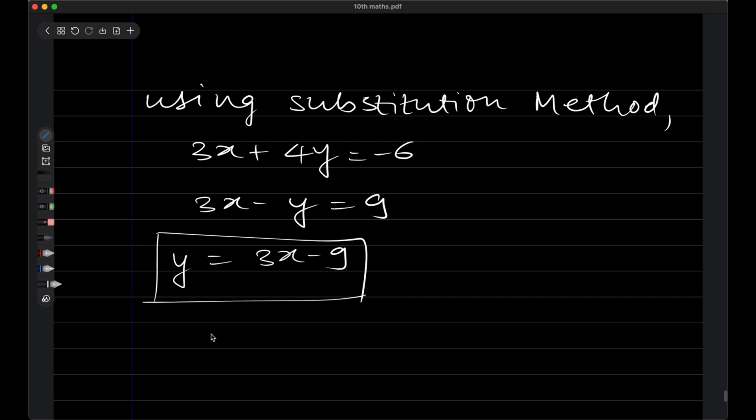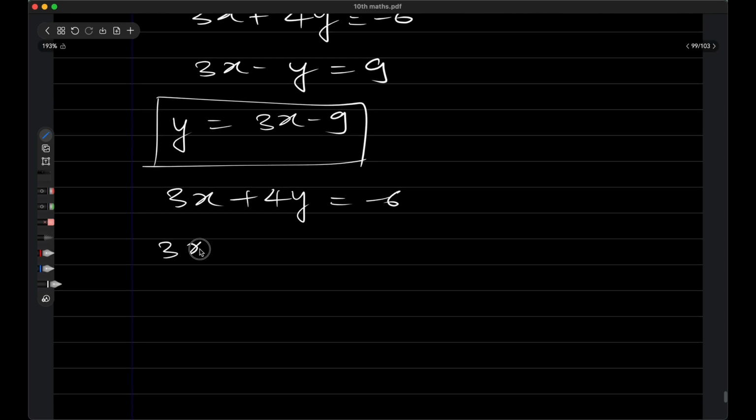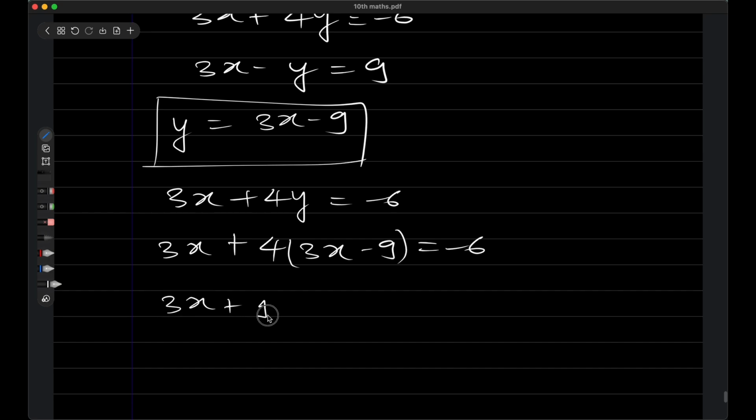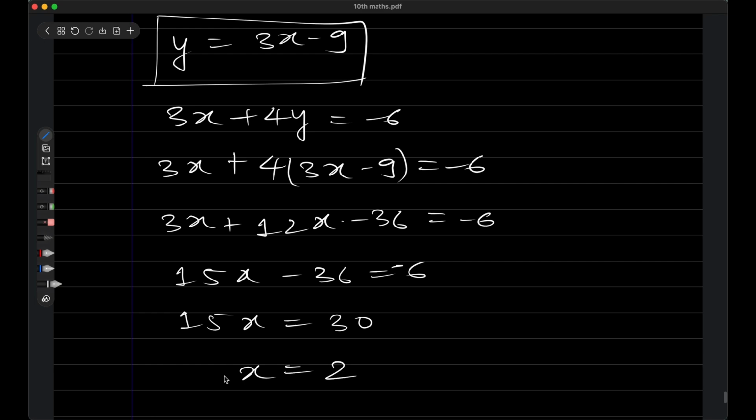Put the value of y in the first equation, that is 3x plus 4y equals minus 6. We have y equals 3x minus 9, equals minus 6. We have x equals 2.